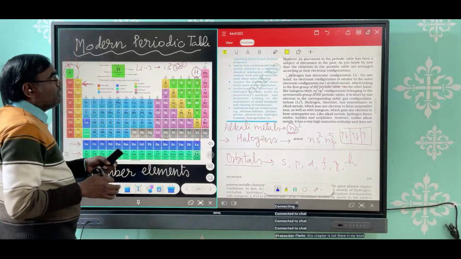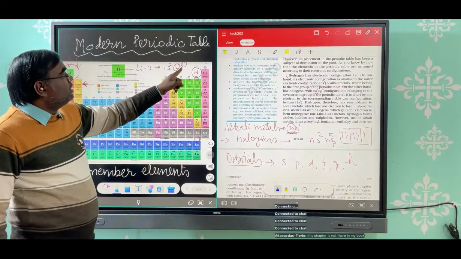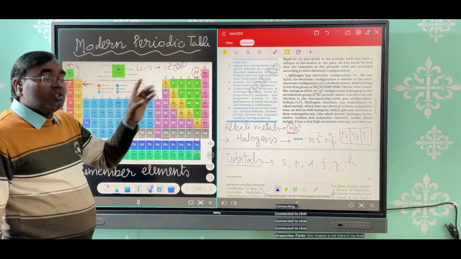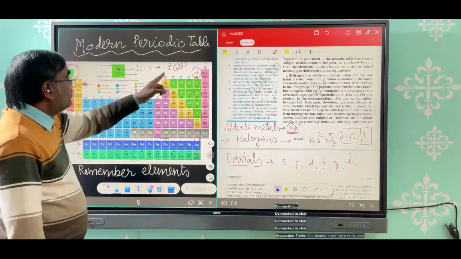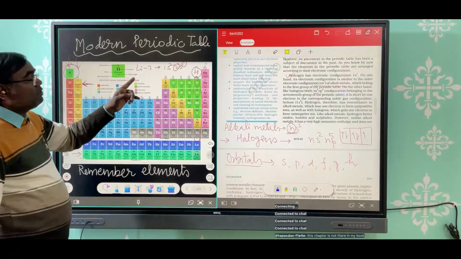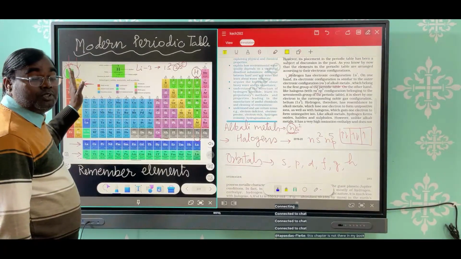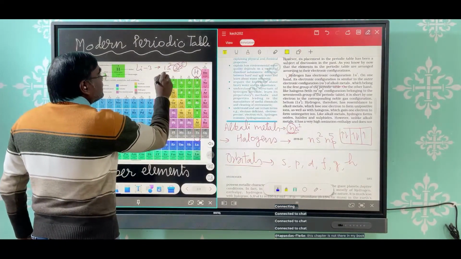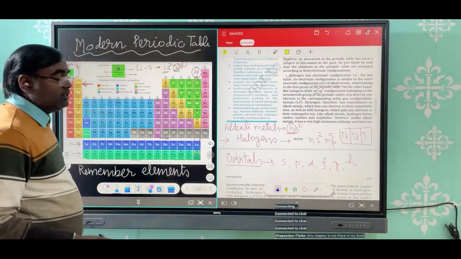The last electron generally shows the group number. So one, that is the first group. If it was two, that would be the second group. But this number shows the shell number as well as the period number.